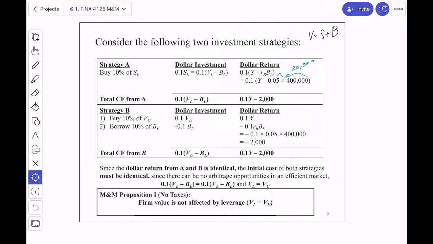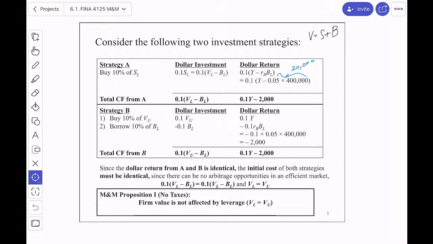So what's happened? An investor in the levered firm could be created, like we talked about again with the SML. I could create the same portfolio in the SML by combining the market portfolio with the risk-free T-bills, either borrowing or lending T-bills. Similar here.